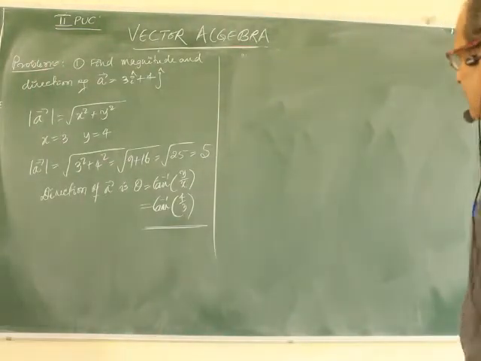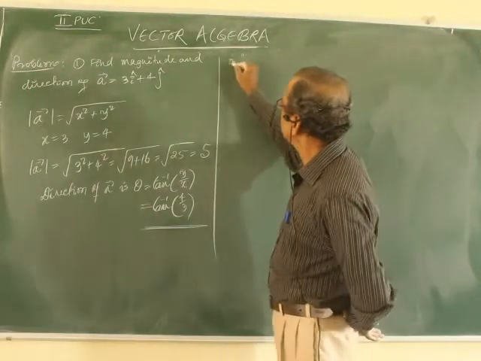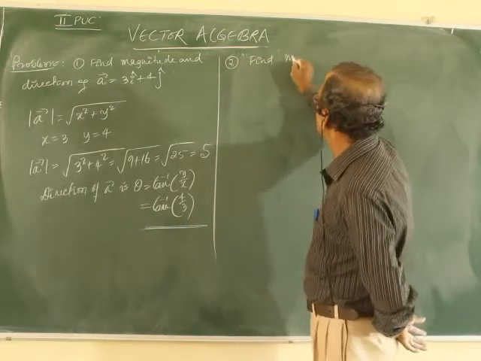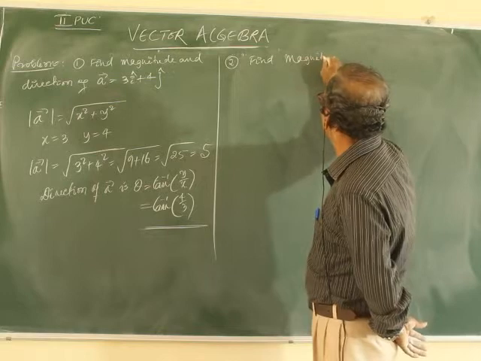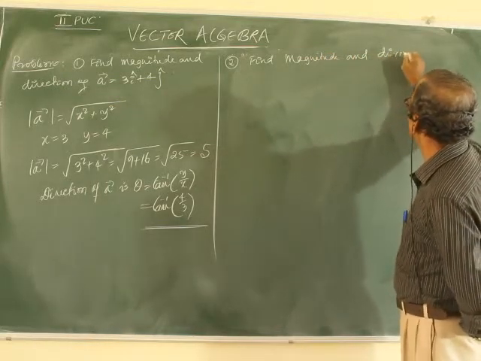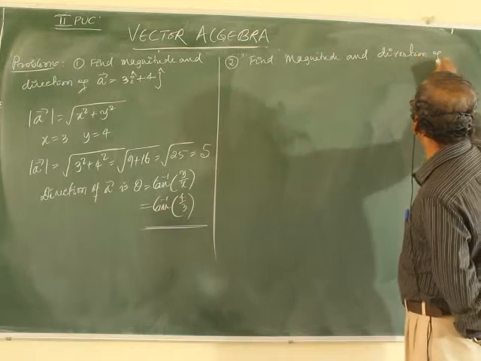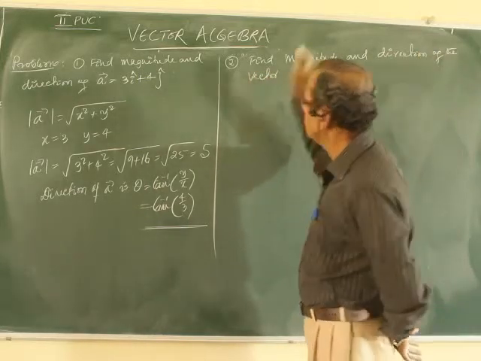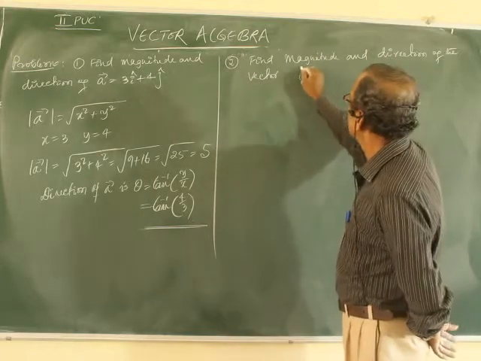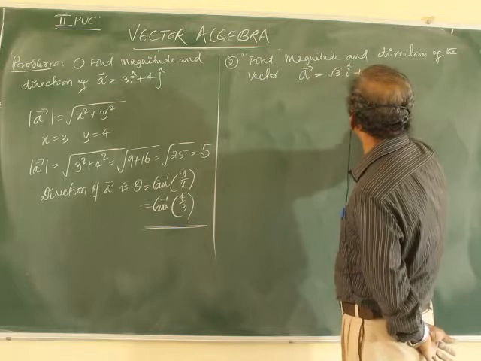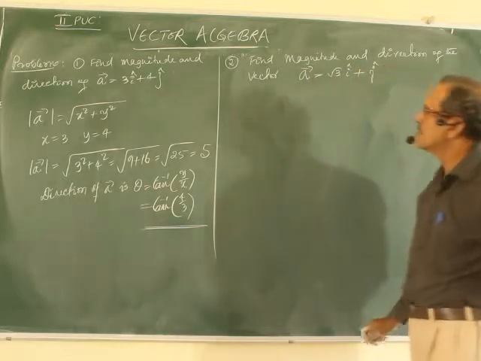If you want, let me tell you one more. Yes, one more problem can be given. Second one, find magnitude and direction of the vector A equal to root 3i plus j.